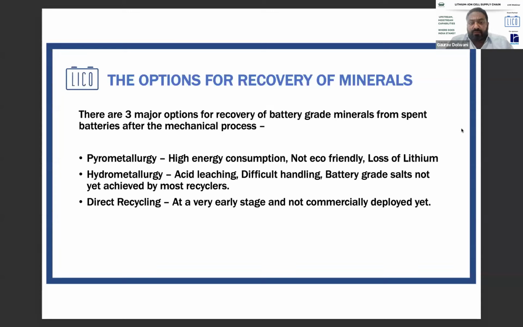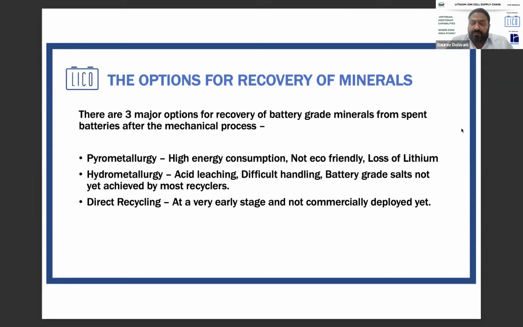So it's something that we are constantly working on. Our R&D team is doing the same, and we're trying to figure out what is the best method for us. Also, what we see is that in hydrometallurgy today, most recyclers are not able to recover battery grade salts from used batteries.